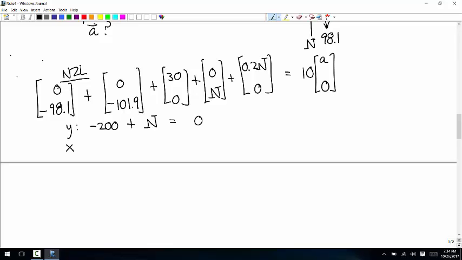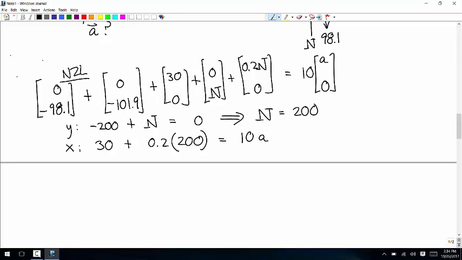And the x equation says 30 plus 0.2 times, oh, well, let me solve this first. So N is equal to 200. And now plug that into the x equation. So we have 30 plus 0.2 times 200 is equal to 10a.